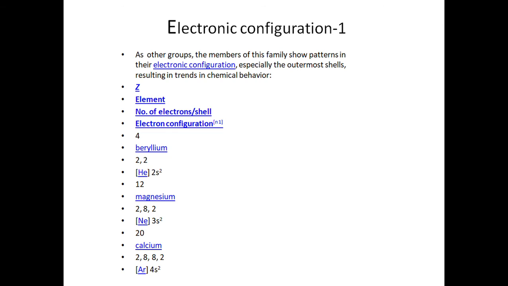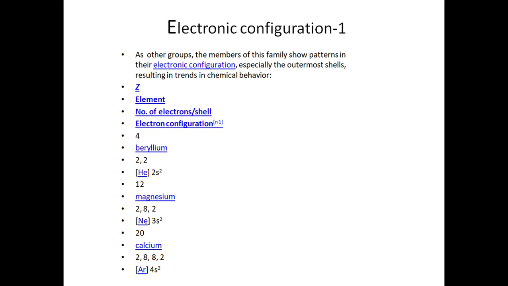Now, to follow the chemical properties and their trends of the various elements of group 2, the alkaline earth metals, in the chemical behavior, we have to go through the electronic configurations. So first we see beryllium with atomic number 4 has electronic configuration 2, 2, and innermost completely filled inert gas configuration of helium, outermost is 2s2.